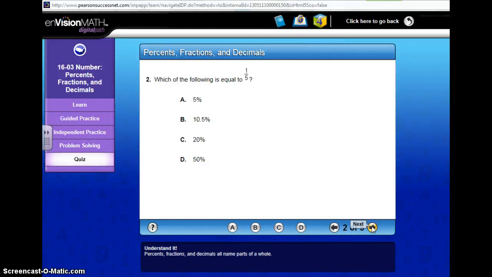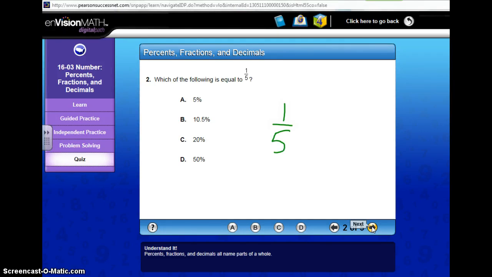Which of the following, this is a tougher one, equals 1/5? Aiden? No, not A. All of these are out of 100, right?